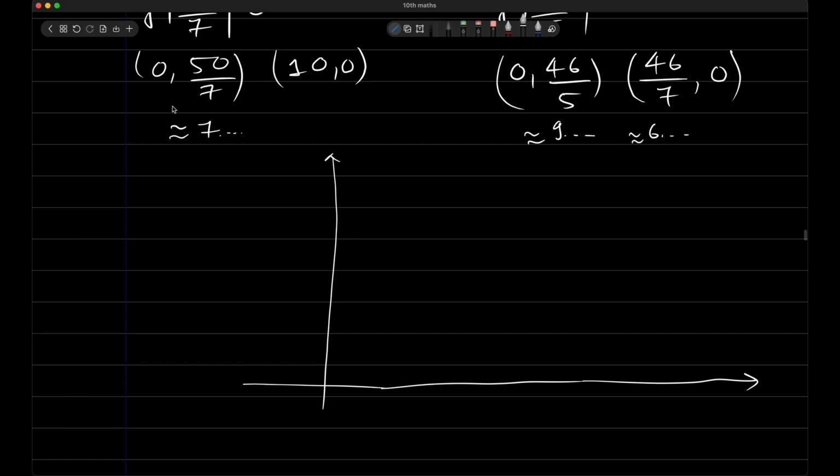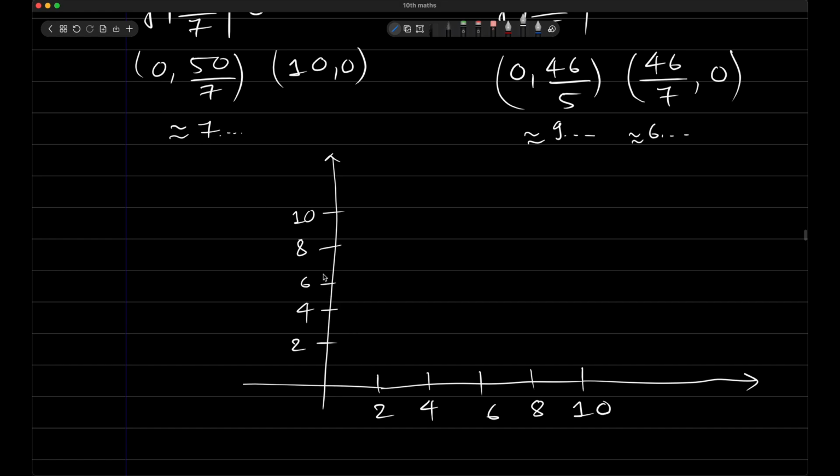So the first line is 0 comma 7 point something.